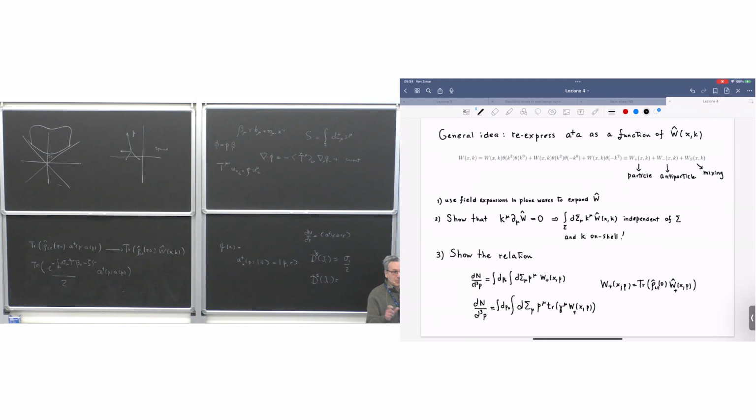Okay, now there is some work to be done, and I don't have time to show all the steps in detail, but the first thing to do here is to use the field expansions in plane waves to expand W. So, for example, the scalar field.